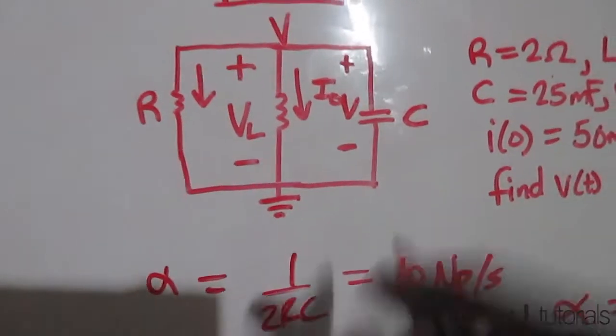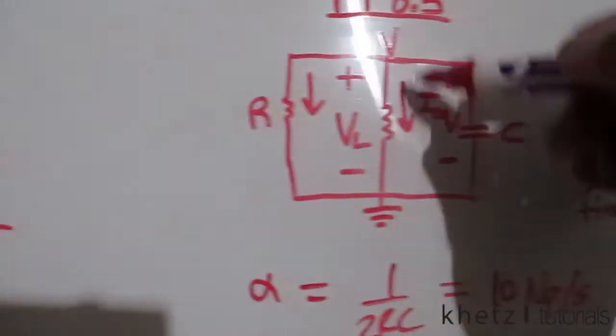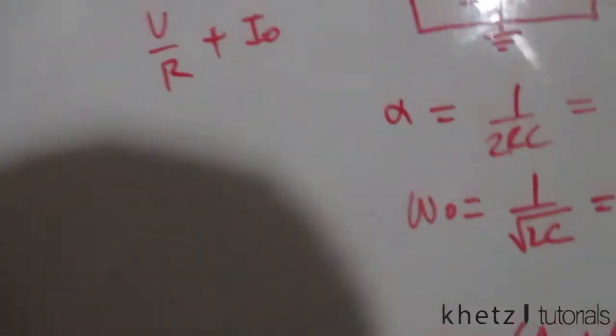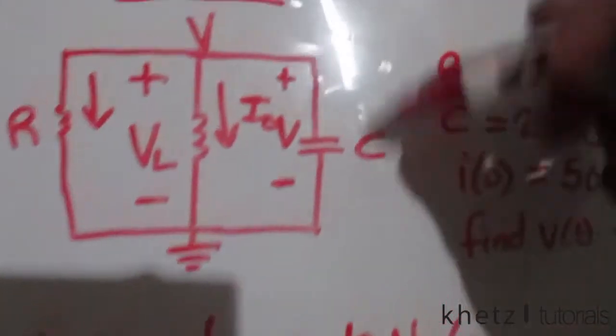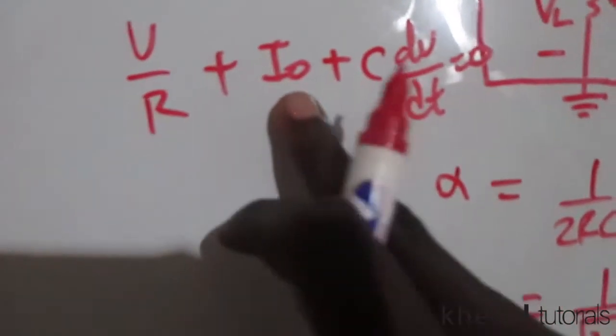Doing that, looking at the top node over here, we're going to say V divided by R plus the inductor current, which is I0, plus the capacitor current, which is essentially C dV divided by dt, equals 0.